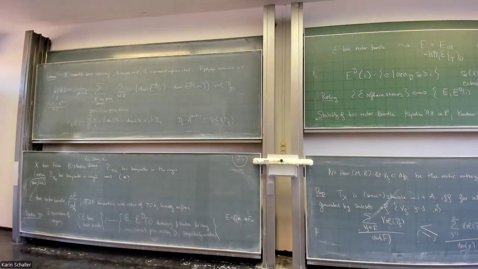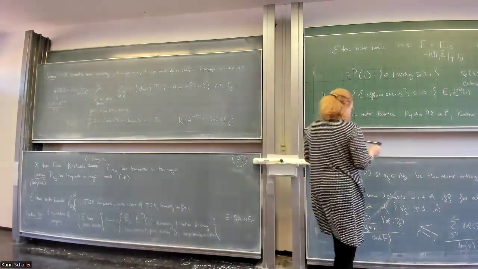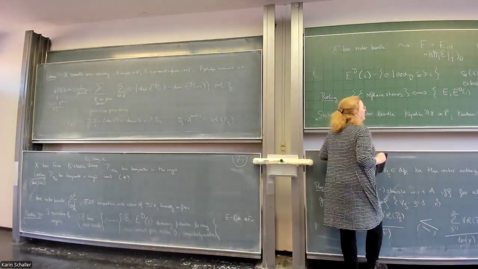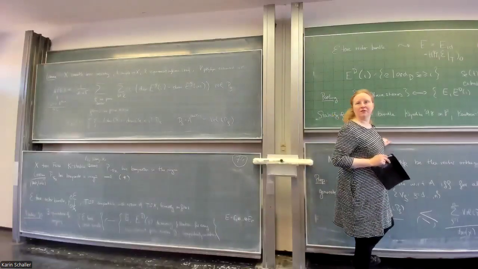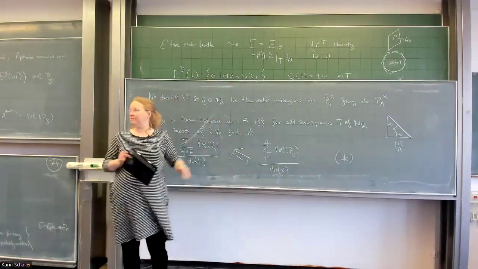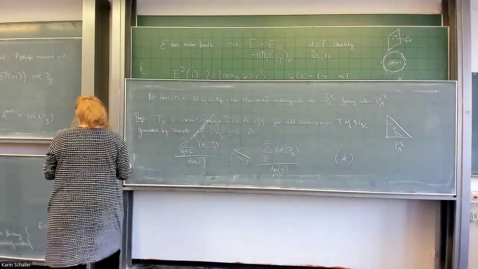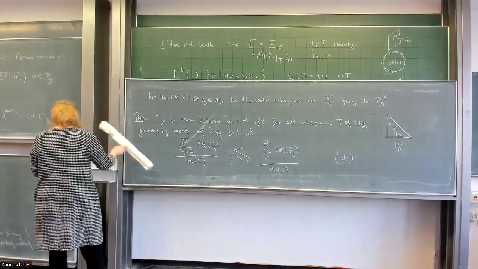Okay, so we have the slope. In order to check whether something is stable, we have to compare the slopes of subbundles, right? And here we are in good shape because it turns out that we don't have to take any subsheaves, we can just take equivariant subsheaves. And amongst those, we can also take very simple ones.